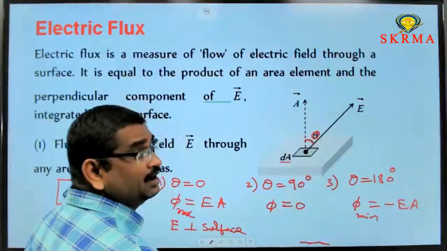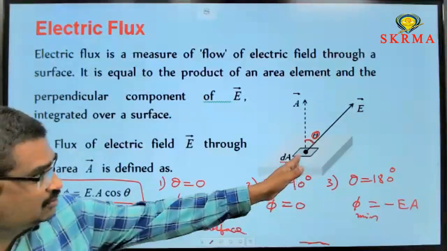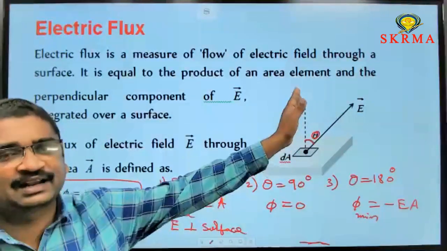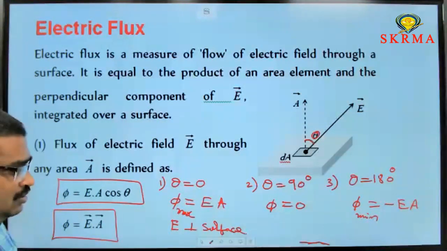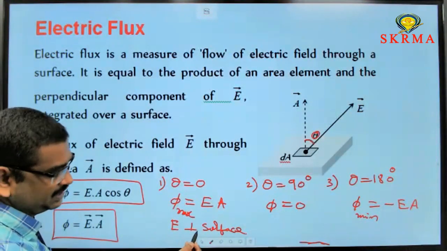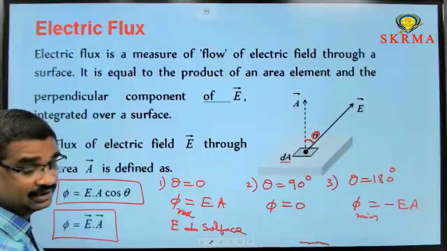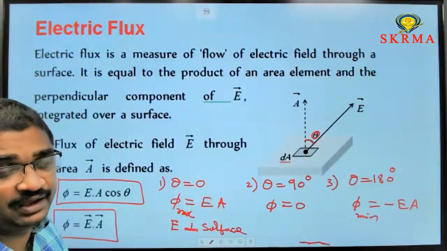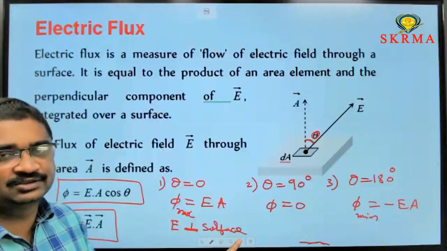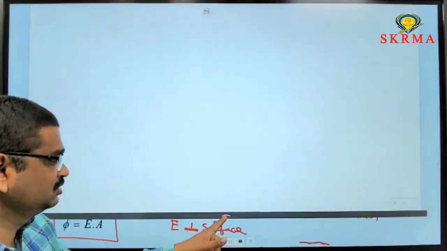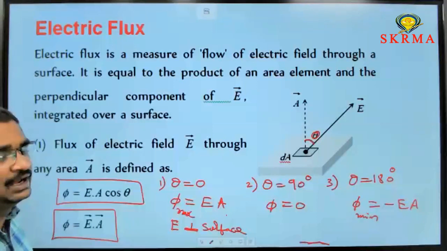If the electric field is perpendicular to the surface, then theta equal to 0, because the angle between the area vector and electric field is 0. Remember this one: here I am writing perpendicular, not parallel. If it is given with respect to the surface, E should be perpendicular to the surface. Then only theta equal to 0.